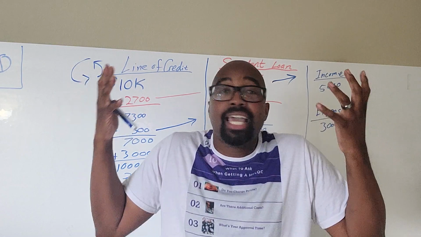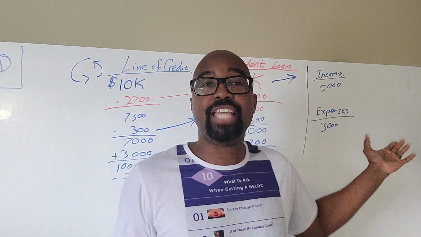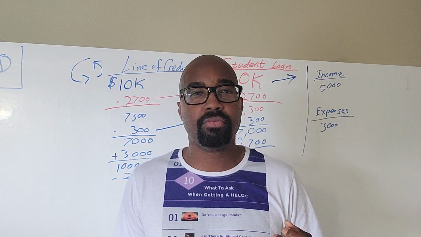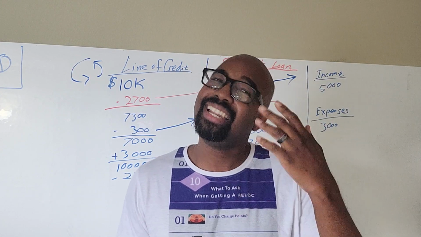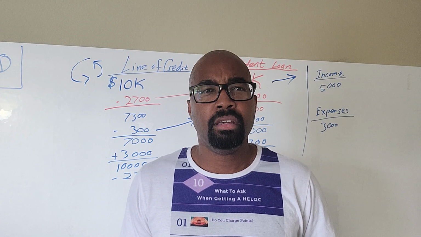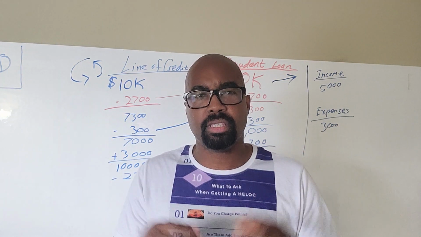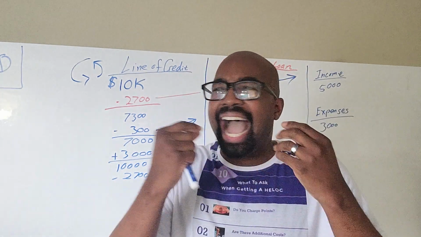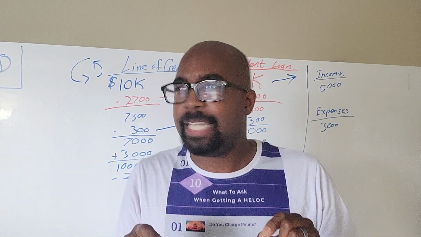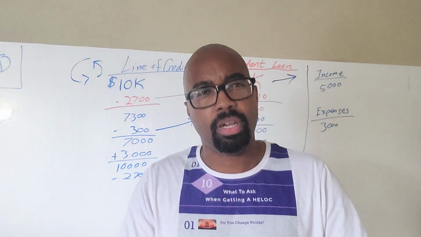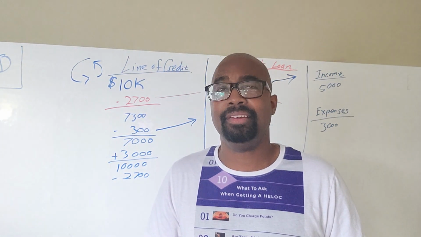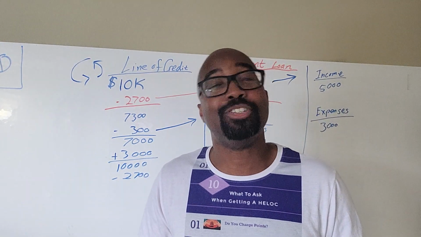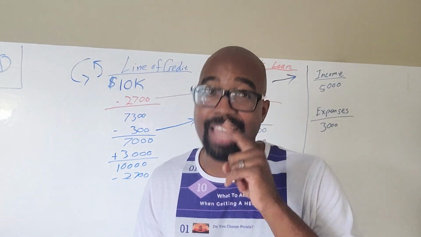And look, as long as you have a positive cash flow, even if it's $10, $50, $100. Now let's be reasonable, okay? But as long as you have a positive cash flow, if you're using the whole 10 grand, what do you think? How long is it going to take you to pay that off? Way shorter than if you were just to do it the traditional way, and that's for real.